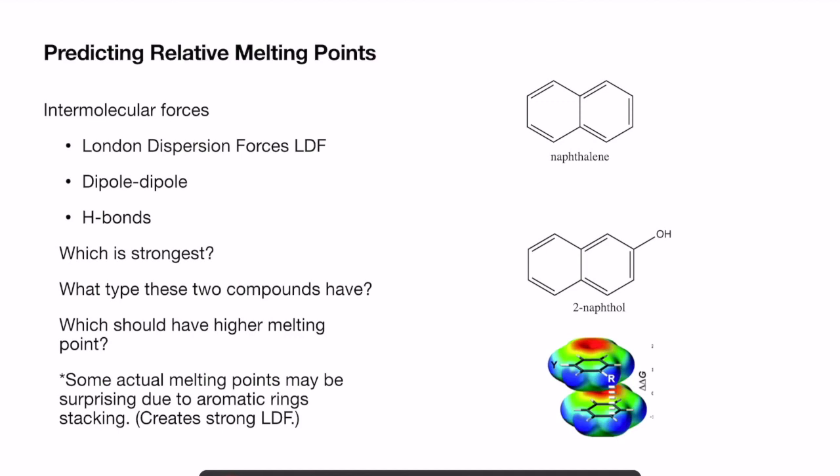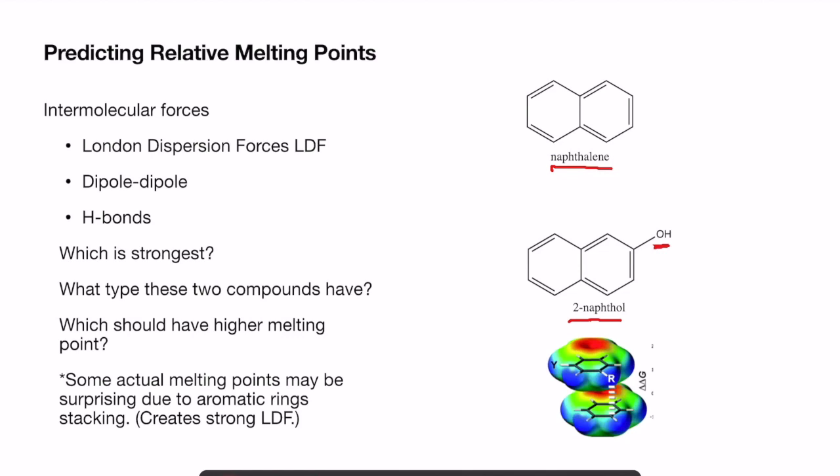So if you look at these two compounds, both of which you're using today, naphthalene and 2-naphthol, which of these two is capable of forming a hydrogen bond? It will be the naphthol since it's got the OH group on it.